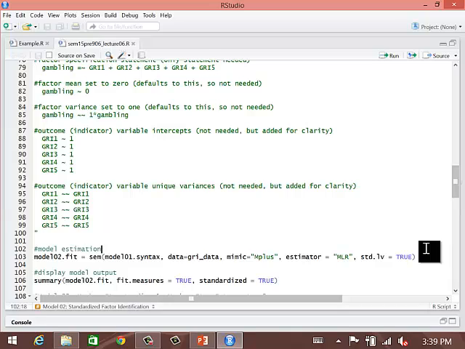And that says I want to take my latent variables and standardize them. So make their factor variance equal to 1, make their factor mean equal to 0 for all of them. So the syntax looks the same, but lavaan's function changes all that, which is really not cool.